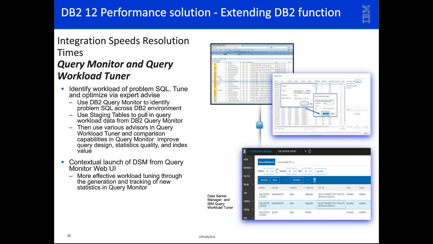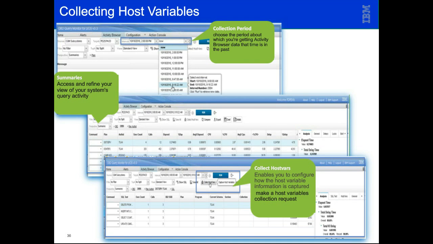This is an example of how we can use Query Monitor to collect host variables. When you use this feature, DB2 Query Monitor collects a fixed size representative sample of all the host variables during the sample interval. This allows you to find the most commonly used host variables and to better understand your application performance. So you can use this host variable information to further tune your SQL queries.